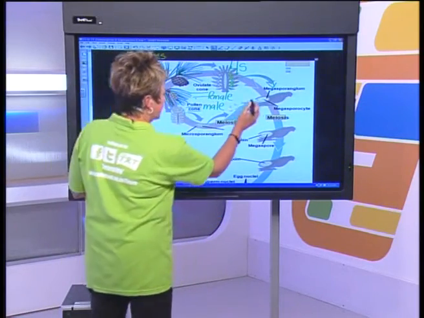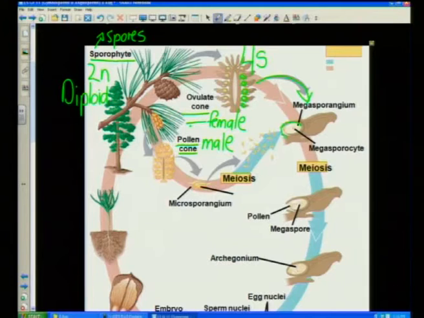That whole structure there, we're now going to call the ovule. That's something different that we didn't have in the moss and the fern. After fertilization, that ovule is going to develop into the seed. I'm mentioning it now already so that you can keep that in mind.